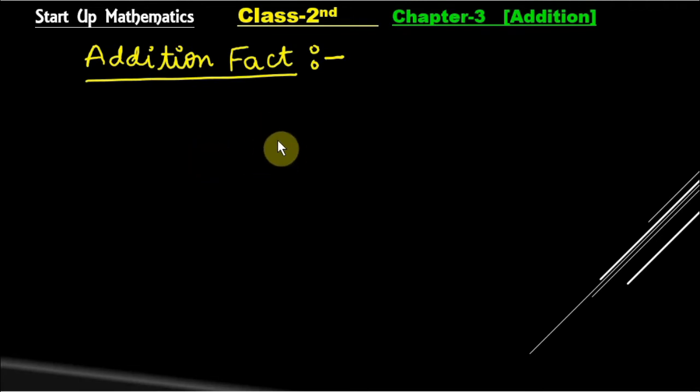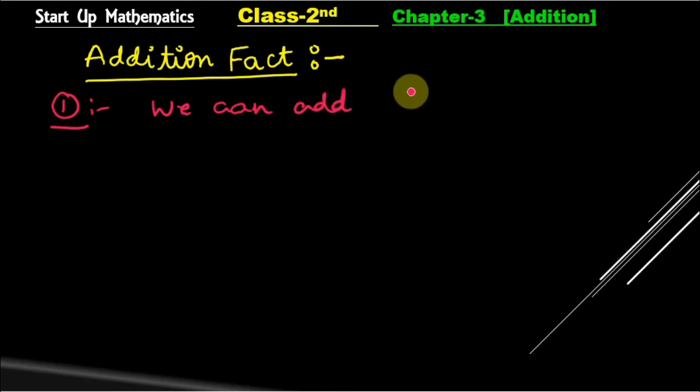Now we are going to learn about addition facts. In your book there are only 2 types of addition facts.